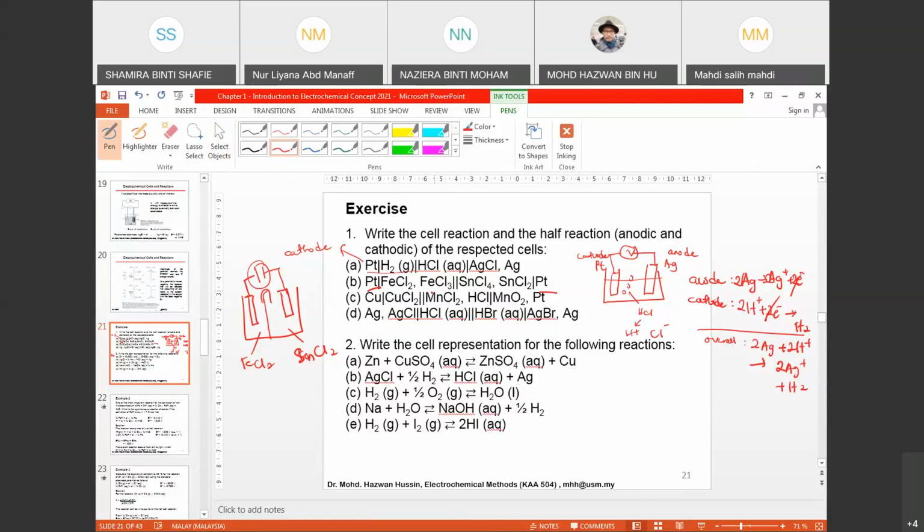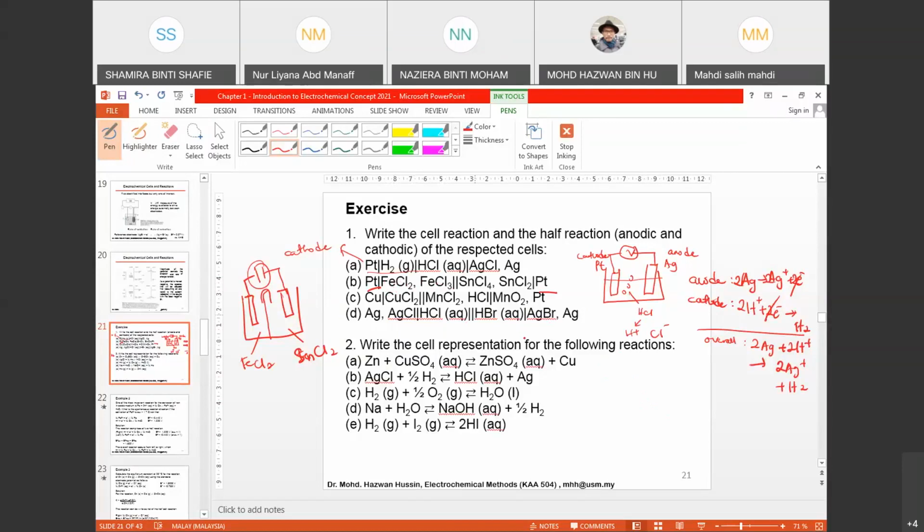So how can you determine that? If you refer to a full range of electrochemical series, you can look at Fe2 and Fe3, because this one is FeCl2, FeCl3.